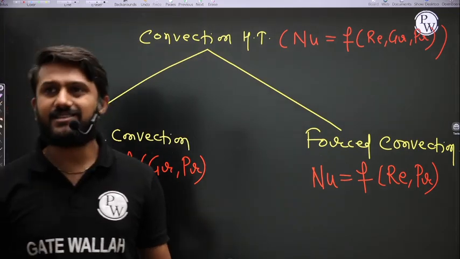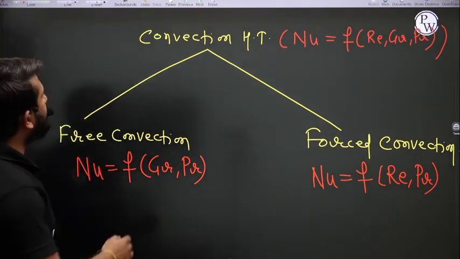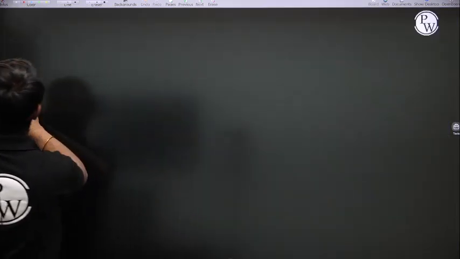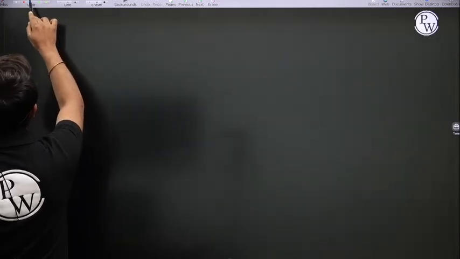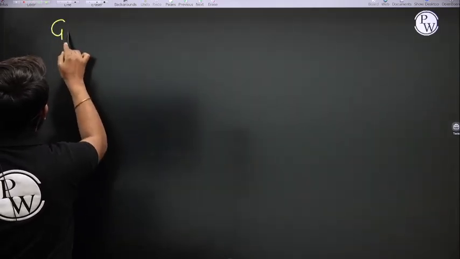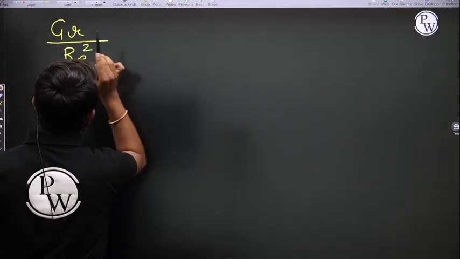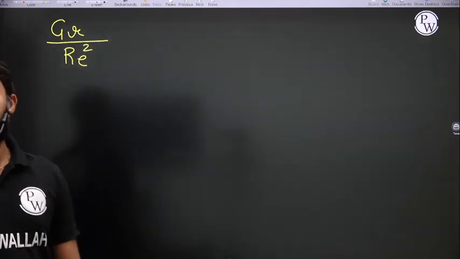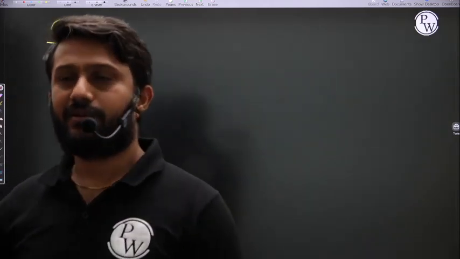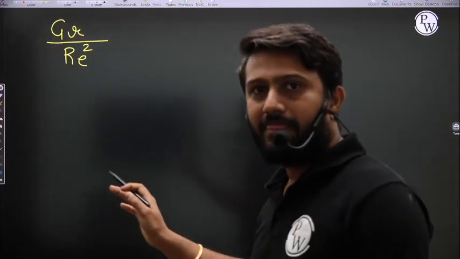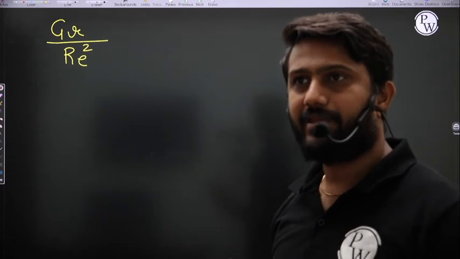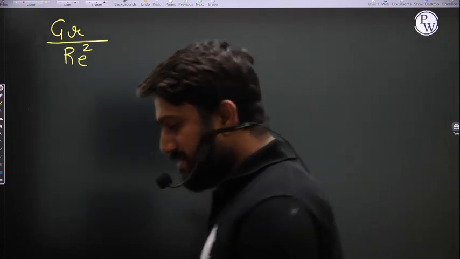To answer such a question, we find the ratio of Grashof number to Reynolds number squared. We find another dimensionless number. This dimensionless number does not have any name, unlike the Reynolds number or the Nusselt number.